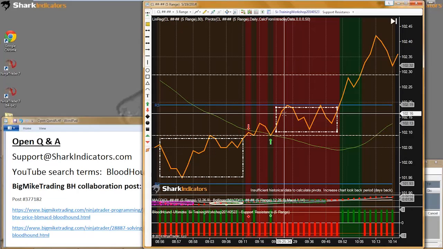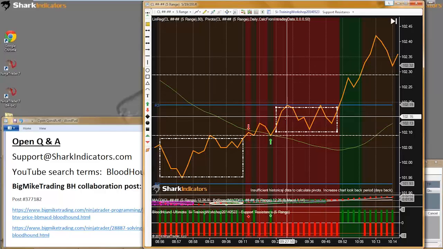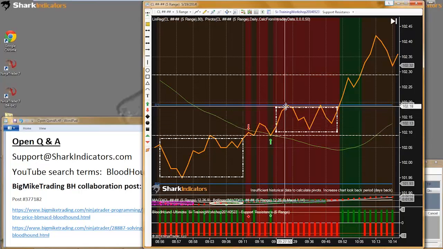So that's kind of what the support resistance solver headwind mode is for. It'll prevent you from taking a trade when you're too close to your indicator line, right? And you could use anything as your support and resistance.